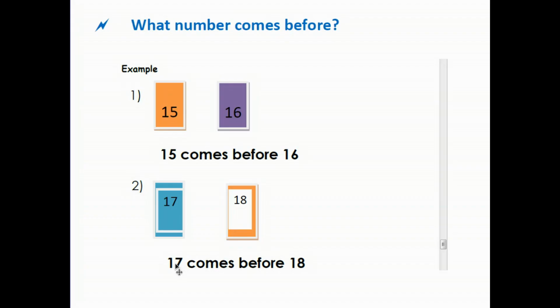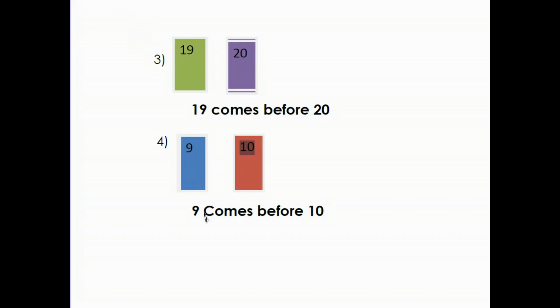So you can say 17 comes before 18. Again here, 19 comes before 20, or 20 comes after 19. And lastly, 9 comes before 10, or 10 comes after 9. So this is order of numbers. I hope you understood what numbers that come before, after, and in between mean.